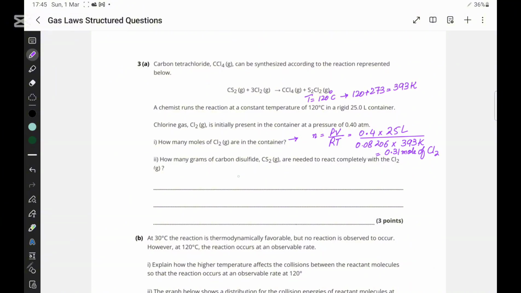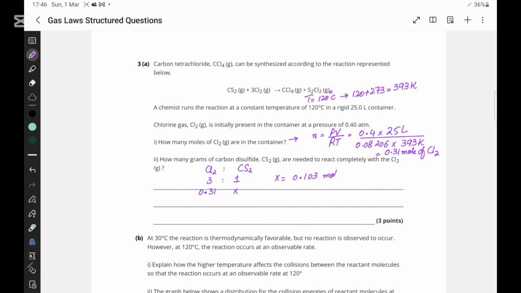So you can see one thing, we have to put CS2 on the right hand side because we need to find its moles, and Cl2 we can put on the left hand side. From the equation it is going to be 3:1, and if we are given 0.31 mole, that is going to be X, and X comes out to be 0.103.